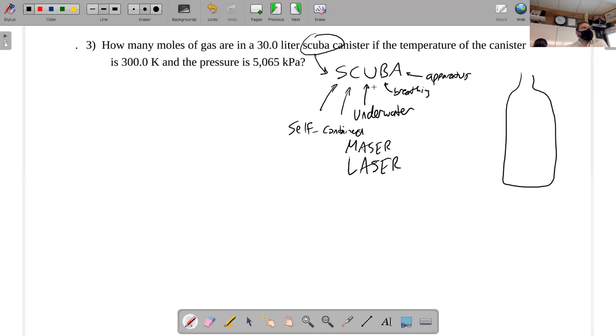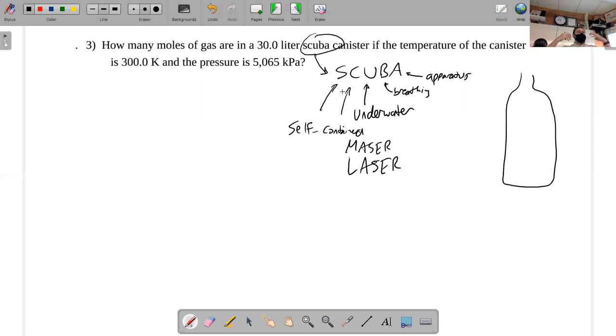Scuba, its invention is kind of, a lot of things are invented by many people in parallel ways, but Jacques Cousteau, who's a great oceanographer, is credited generally with the full scuba. Scuba is not only used in diving, but also like firefighters.